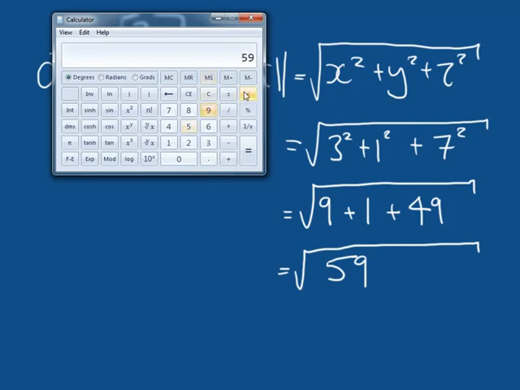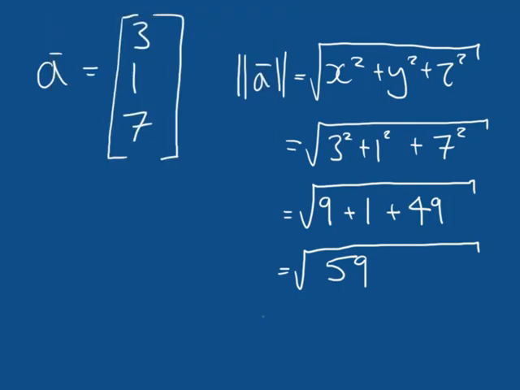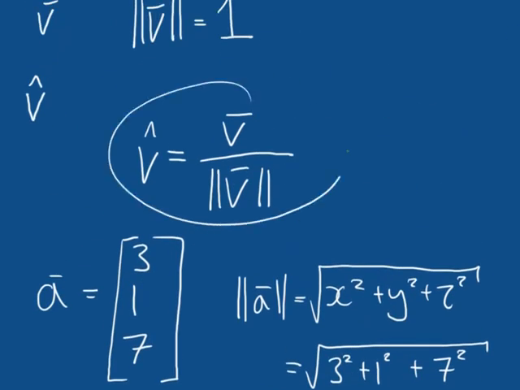The square root of 59 is approximately 7.681. That means the length of our 3D vector that travels 3 units in x, 1 unit in y, and 7 units in z is approximately 7.681.